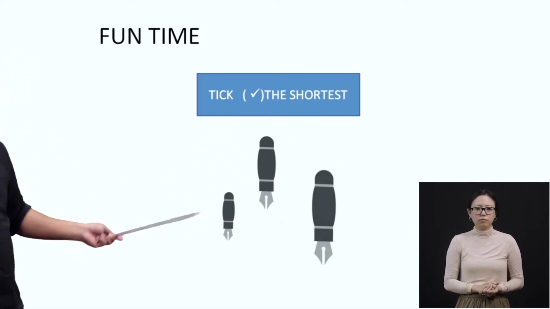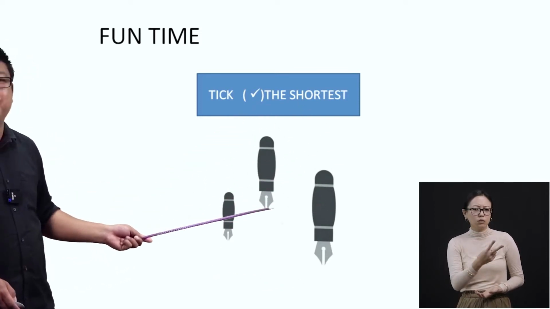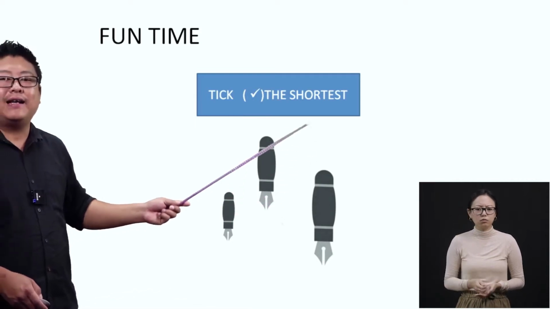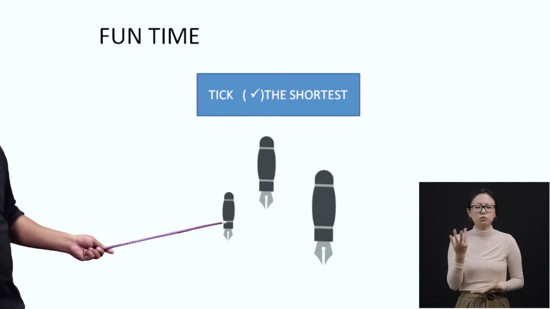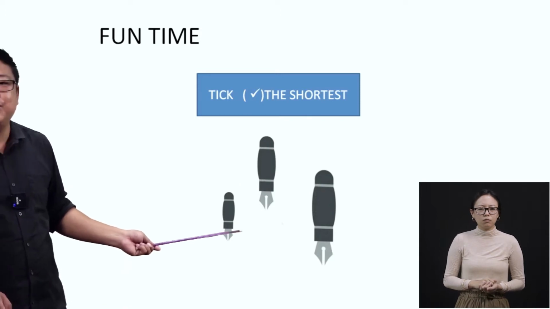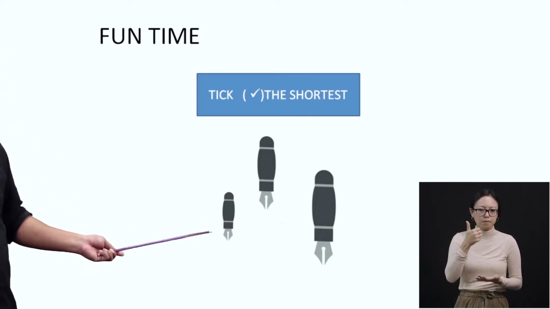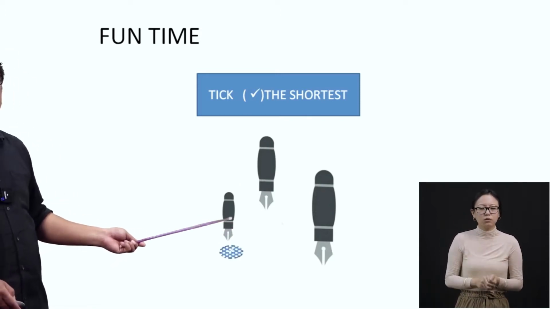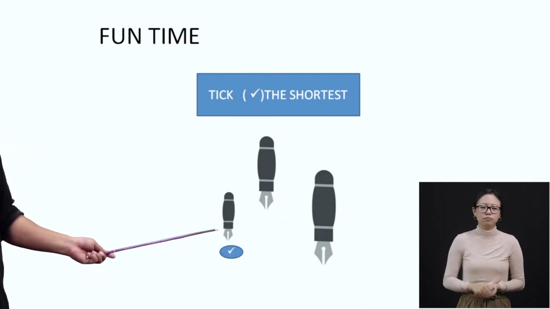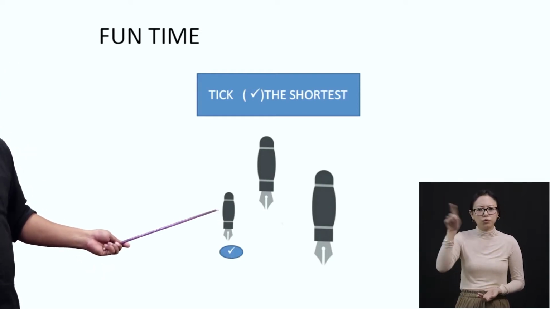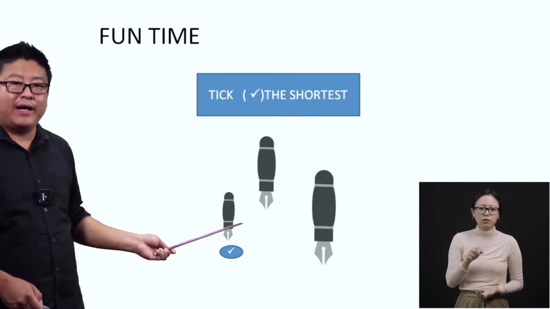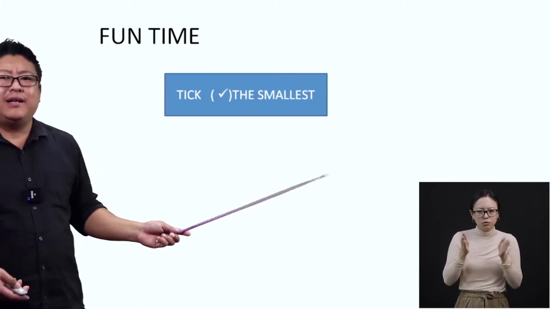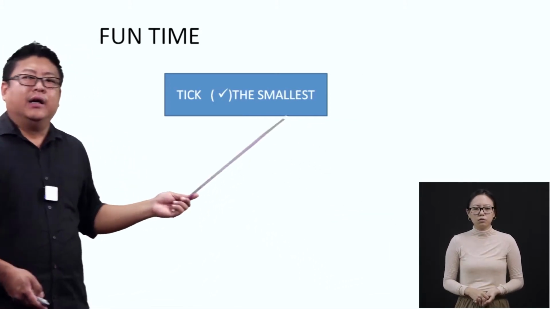Just by looking at this picture, you can identify that the number 1 pen is the shortest, isn't it, children? This is the shortest among the three of them. So we will put a tick mark here, indicating that this pen is the shortest. Now let's move on to the next.